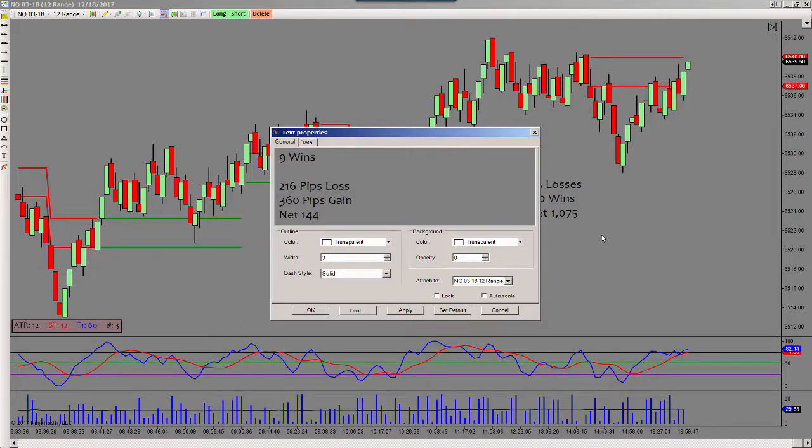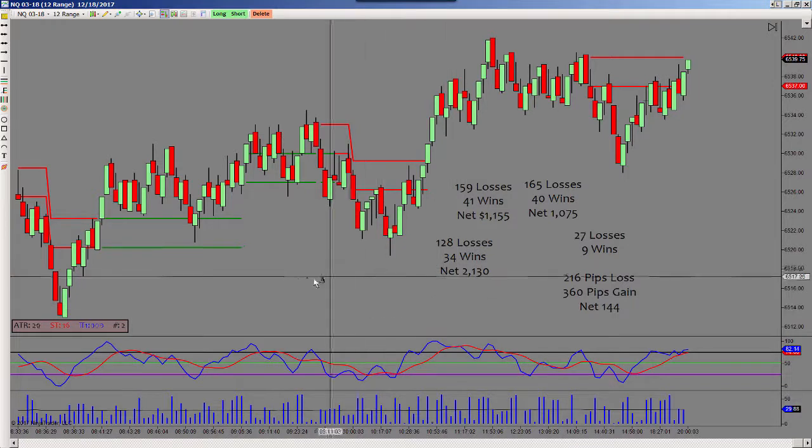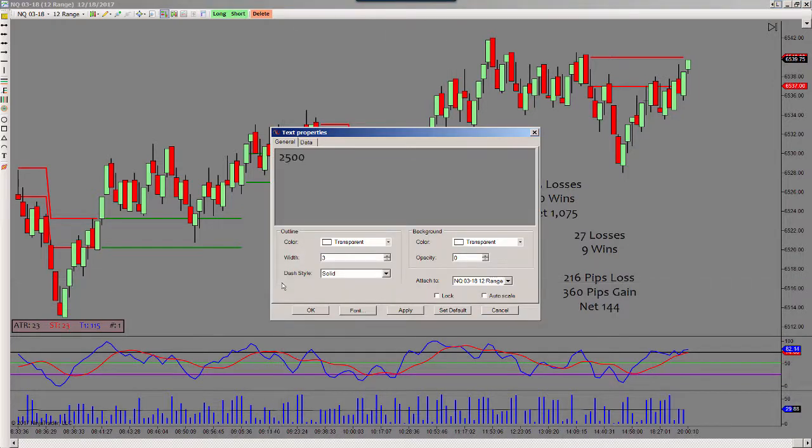All right, so now let's talk about what size of an account you would need. If you're risking 8 pips, that's $8 per contract to go for 40. So let's just say you had a $2,500 account and you were comfortable risking 1.5% per trade.